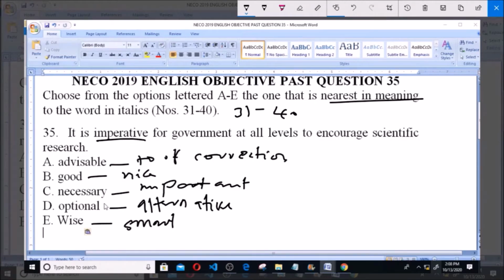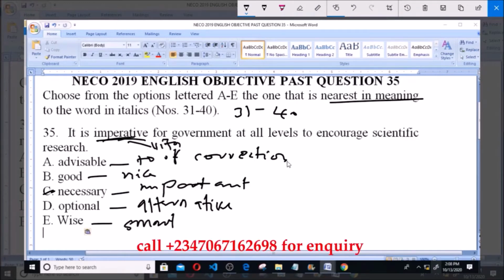So the word that can actually replace imperative is necessary, because imperative means something that is vital, something that is very important. So something that is vital is called necessary, is important.